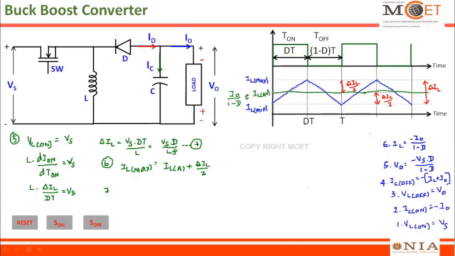Similarly, the minimum value of the inductor current, that is IL minimum, can be written as IL average minus delta IL by 2. So these are the 8th and 9th expressions of our interest. These two expressions denote the maximum value and minimum value of the inductor current.